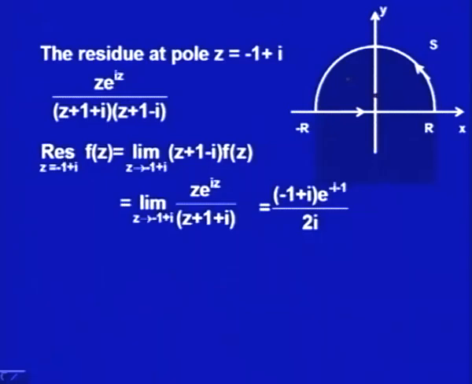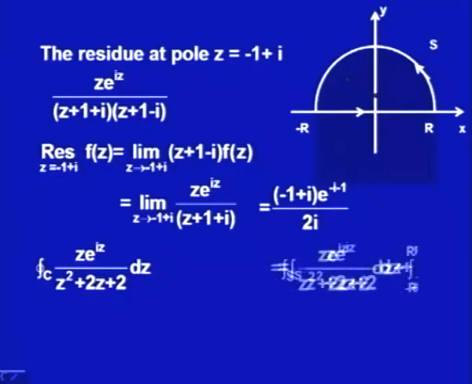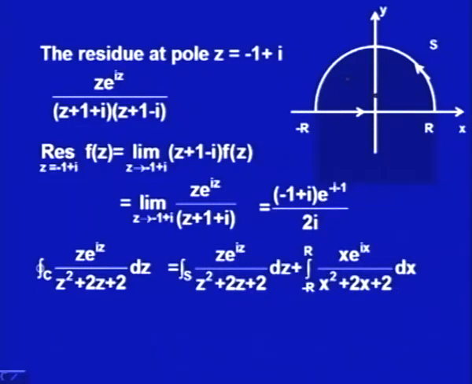So using our residue theorem, the integral along this closed contour C, which consists of the semicircle S and the real line from minus r to plus r, we can subdivide into the integral over the semicircle S of the function z e to the power iz upon z square plus 2z plus 2, plus the integral from minus r to plus r of the function f(z).